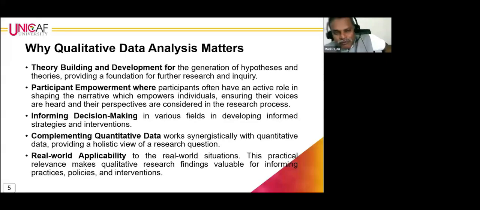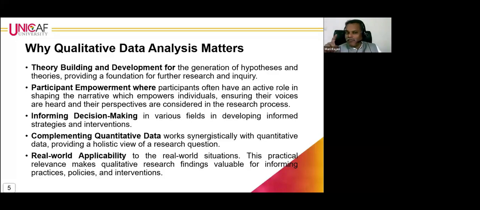Then, when you are doing theory building and development, generating hypotheses, theories, this kind of thing, it is the better methodology. Qualitative data are a better source of information to provide foundational knowledge for your further studies and inquiries.